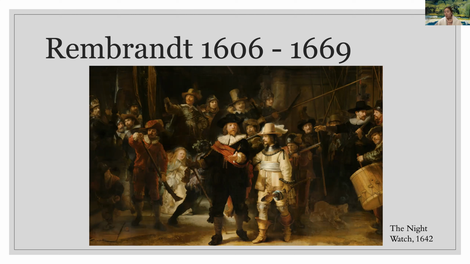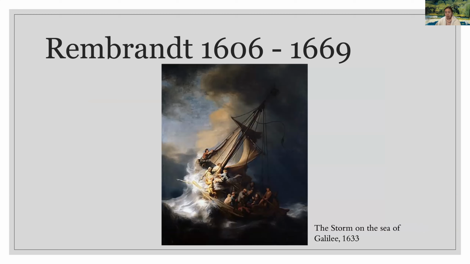Rembrandt was the first to paint all of the figures in a civic guard in action. And he has an excellent technique to capture a moment in his painting. Look at this, the wild sea in a storm. We can see the rage of the sea, the emotion from this painting.